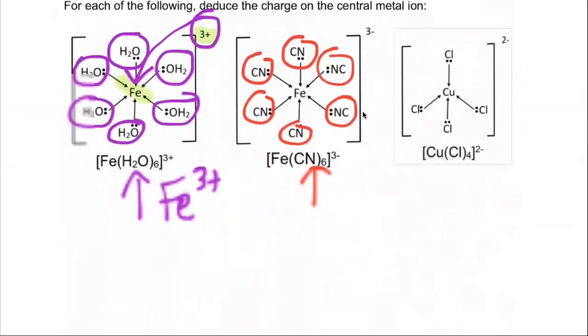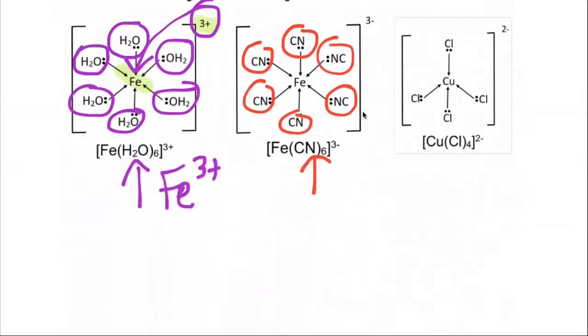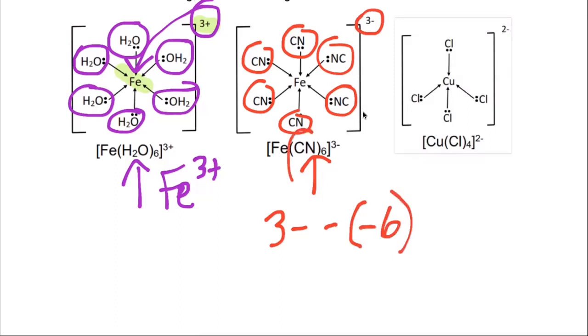So what I would need to say is, okay, my charge is 3 minus, right? That's the charge from up here on the whole complex ion. And then I'm going to subtract -6, because there are 6 cyanide ions right here, and each one of them is -1. So in total, that's -6.